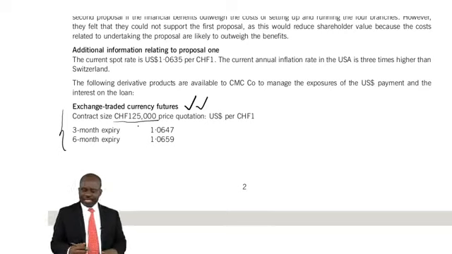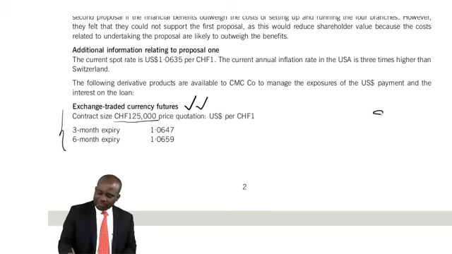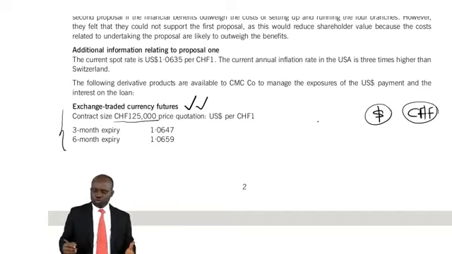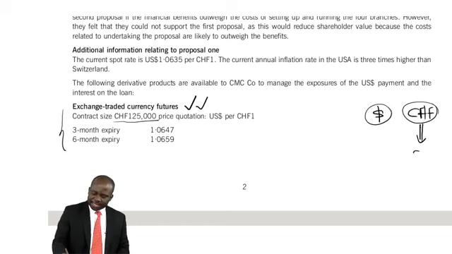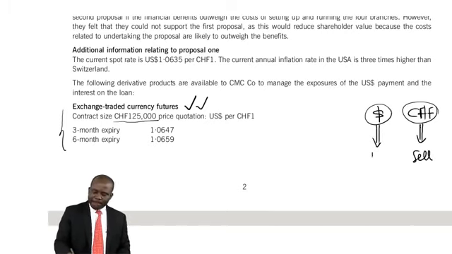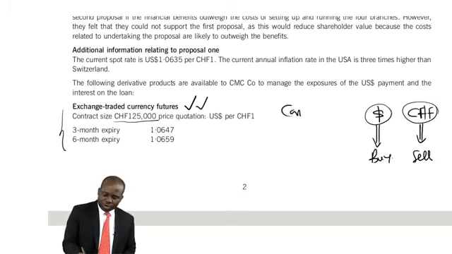And the common sense here is the currencies involved are dollars and the CHF. You are based in Switzerland. You have to go and pay dollars. What will you do? I have to sell my CHF in order to go and buy the dollar. And my contract size is also in terms of CHF.